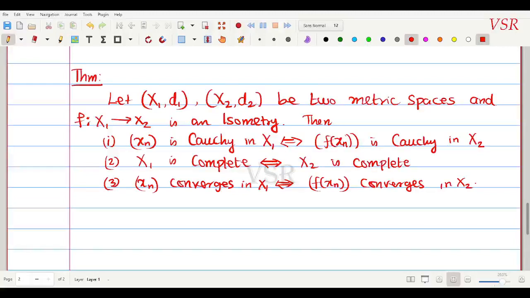X2 ல ஒரு ப்ராப்பர்ட்டி இருந்ததுன்னா அது எல்லாமே X1 க்கு கேரி அவுட் ஆகும். என்னென்ன ப்ராப்பர்ட்டி அப்படின்னா, காஷி என்கிற ப்ராப்பர்ட்டி, கம்ப்ளீட்னஸ் என்கிற ப்ராப்பர்ட்டி அண்ட் கன்வர்ஜென்ஸ் என்கிற ப்ராப்பர்ட்டி. இந்த ப்ராப்பர்ட்டிஸ் எல்லாம் சேம். இங்க கன்வர்ஜ் ஆச்சுன்னா அதோட இமேஜ் கன்வர்ஜ் ஆகும், அந்த இமேஜ் கன்வர்ஜ் ஆச்சுன்னா அதோட ப்ரீ இமேஜ் கன்வர்ஜ் ஆகும். So this is an idea.